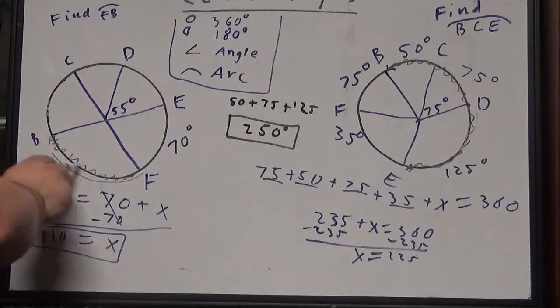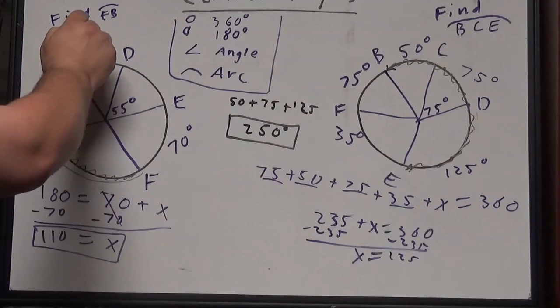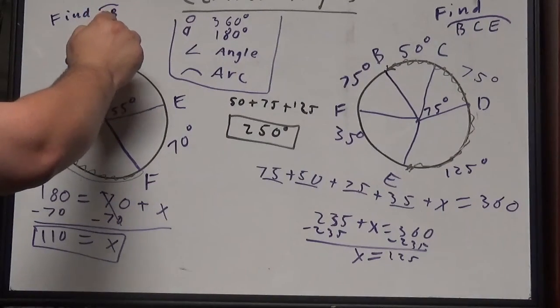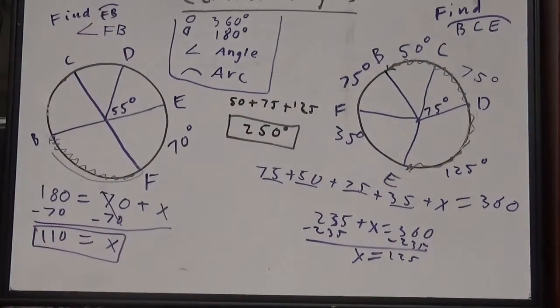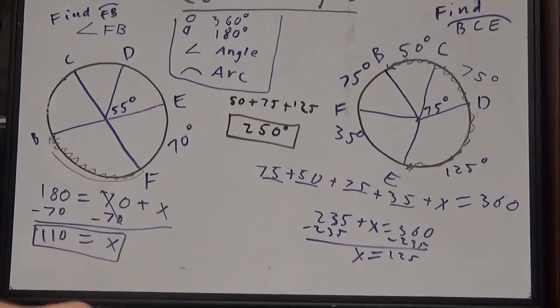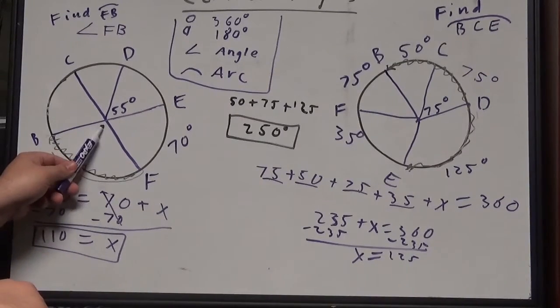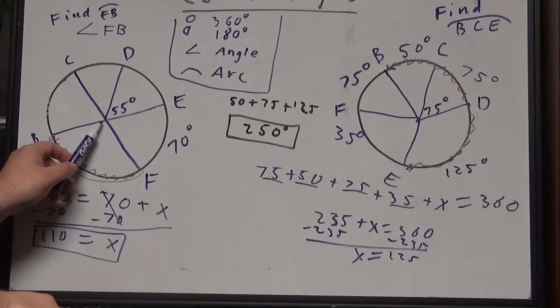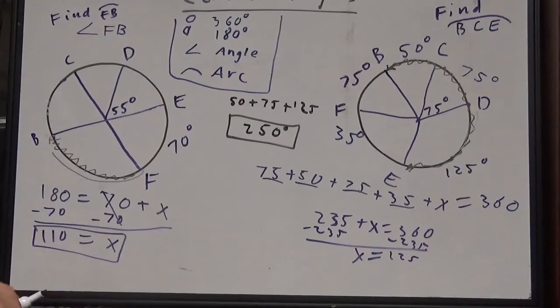FB, remember, if we were finding angle FB instead of arc FB, same answer. It would be the exact same answer with the same process. Because if this arc is 110, then this angle is 110. You get it the same way.